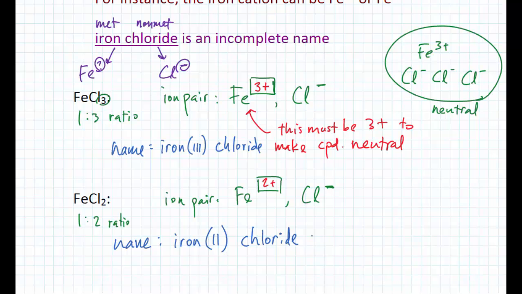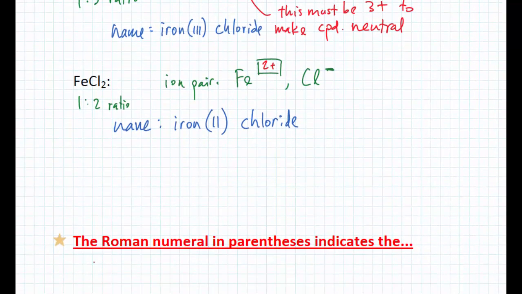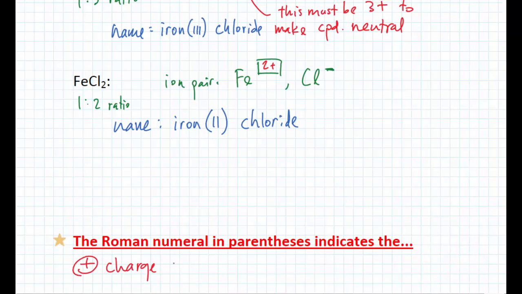So what do you suppose that Roman numeral directly represents? Yeah, the Roman numeral in parentheses indicates the positive charge on a variable charge metal cation.